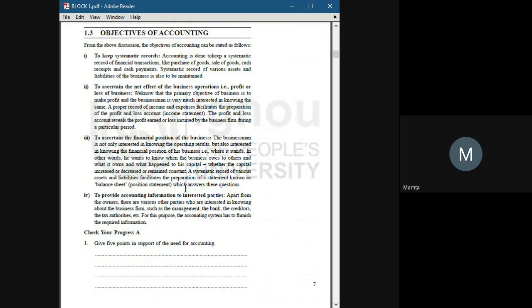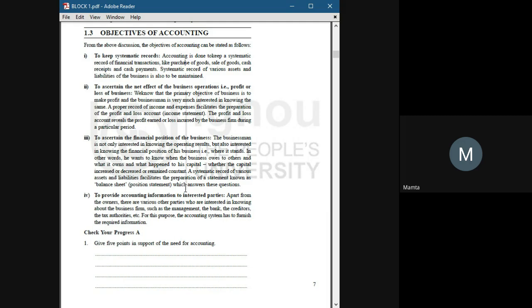To keep a systematic record, we do accounting. Like, I purchased the raw material a month ago, and today I am selling the finished goods. We can't remember everything. You do a transaction at a particular time or on a particular day, and you record that transaction on that particular day.